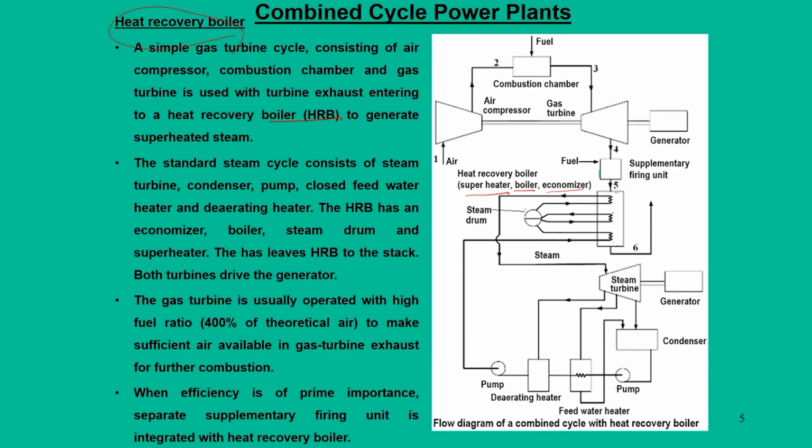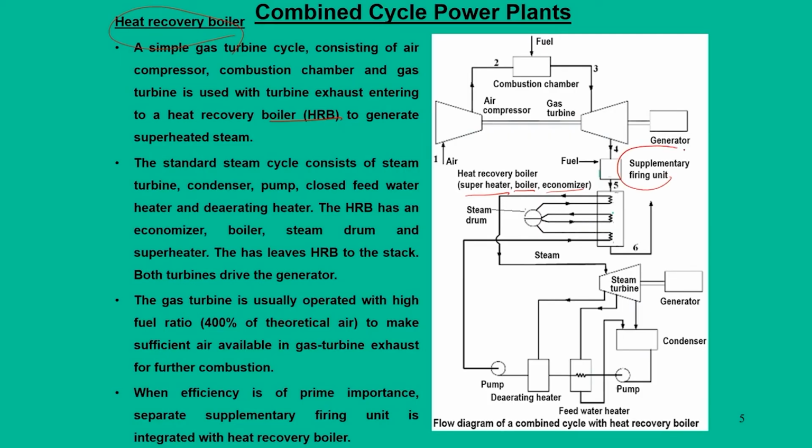This needs to be powered from the exhaust of the gas turbine unit. Normally, the exhaust of the gas turbine unit is at very high temperatures. Those temperatures can be utilized at various locations, either the superheater, boiler or economizer unit, to generate steam. Basically it is a heat exchanger and that increases the temperature of the steam.